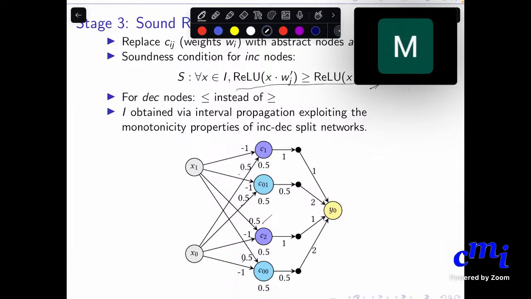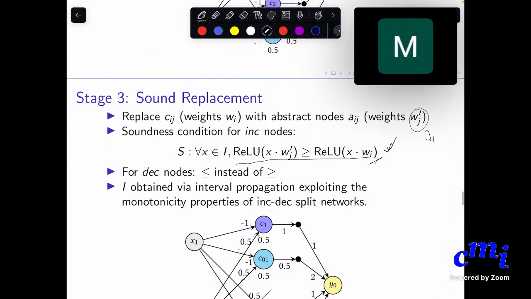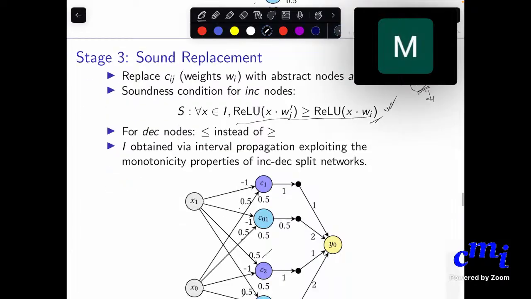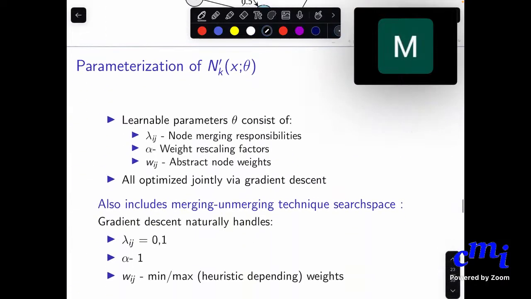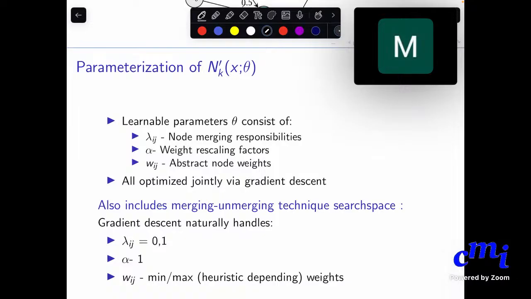Previously these were different. So what the Wj dash will be is determined by the gradient descent process. Here the learnable parameters are lambda ij, alpha and Wij.